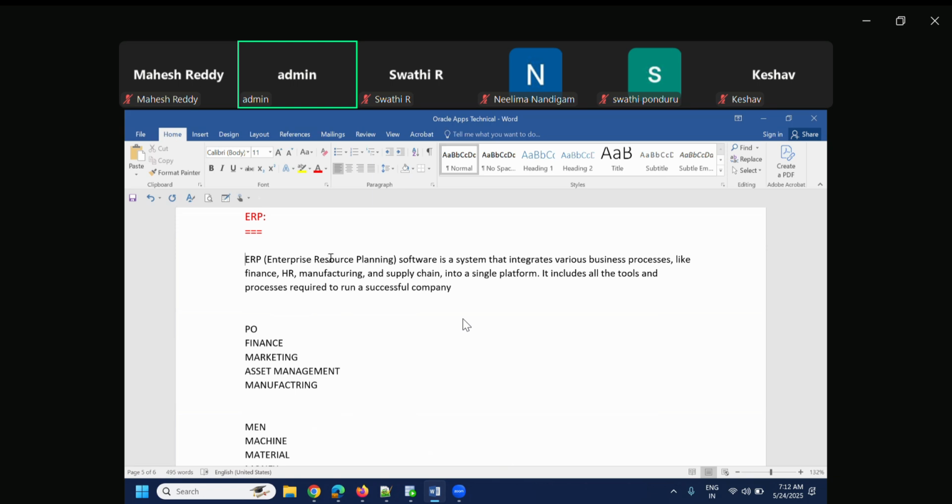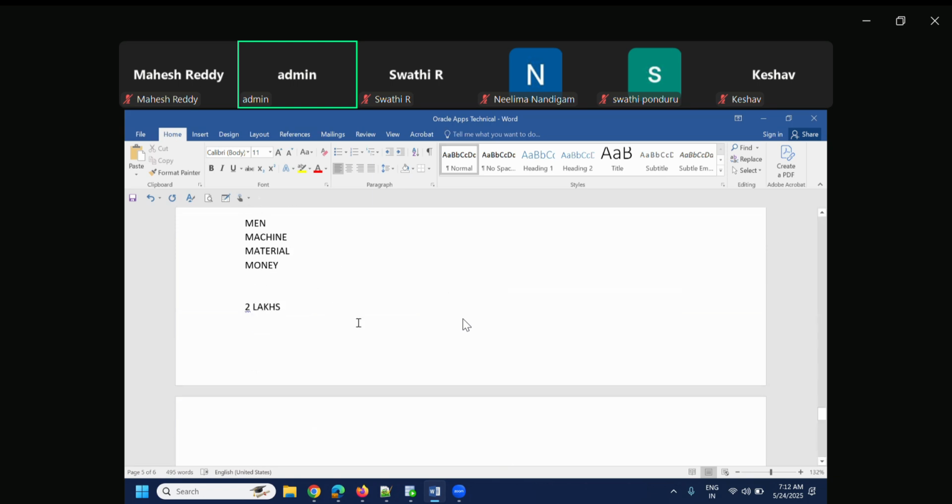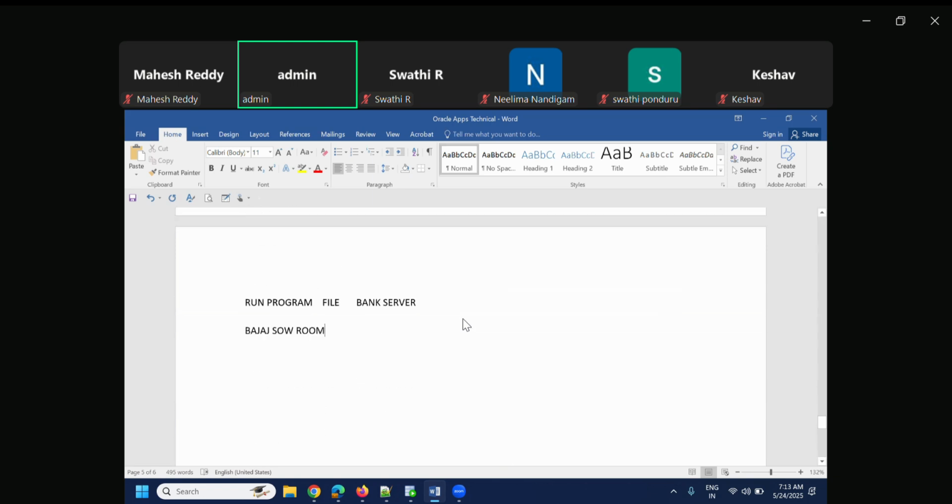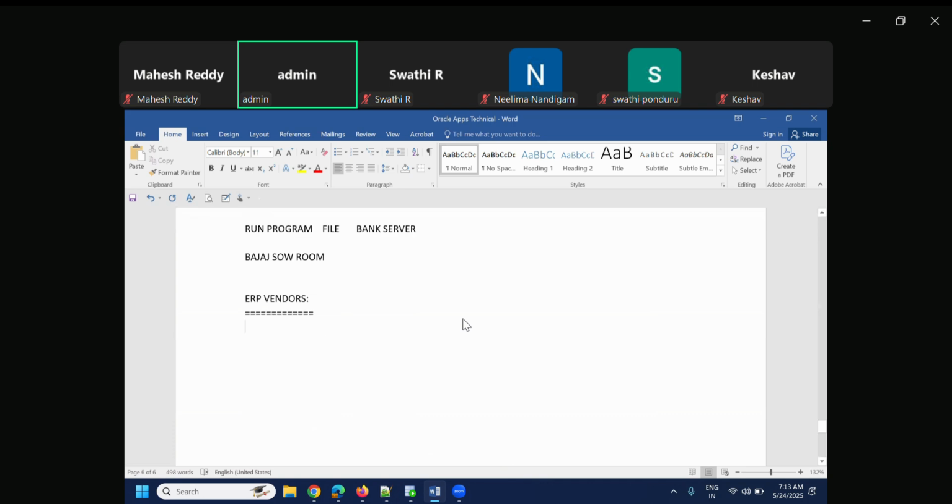This ERP has multiple vendors in the market. The top two in the market are Oracle applications and the second one is SAP.